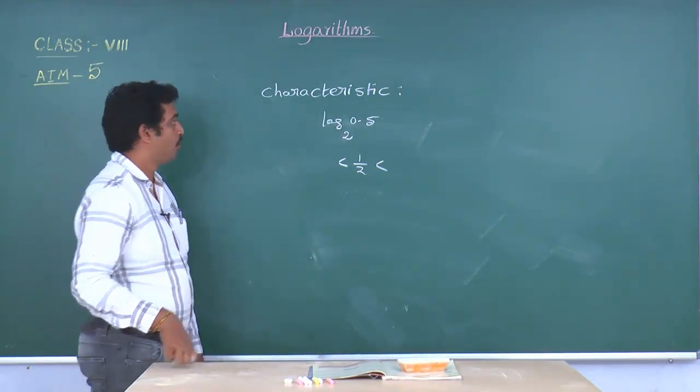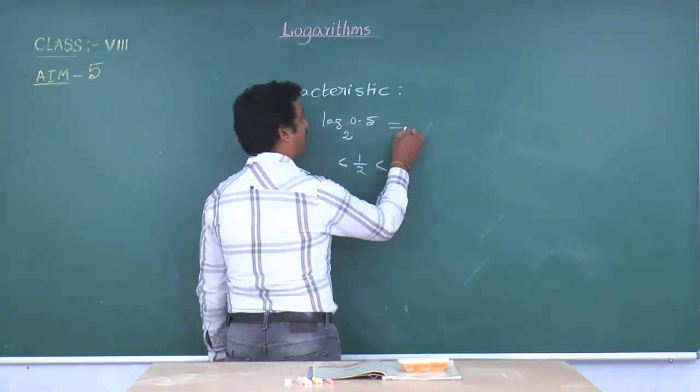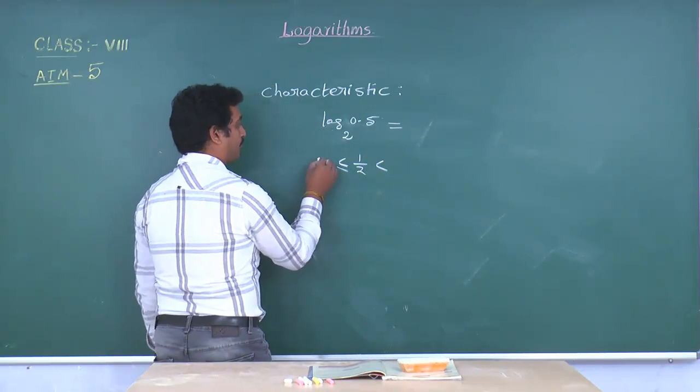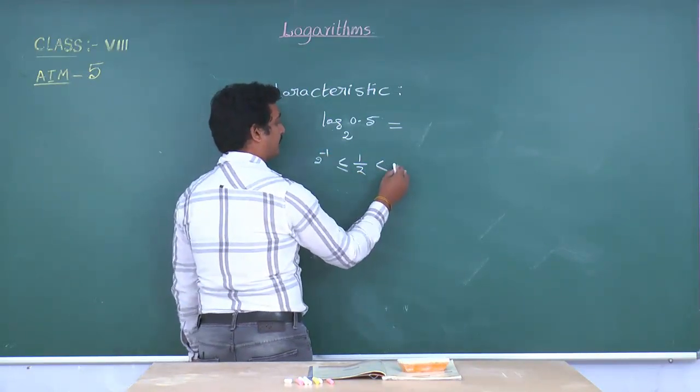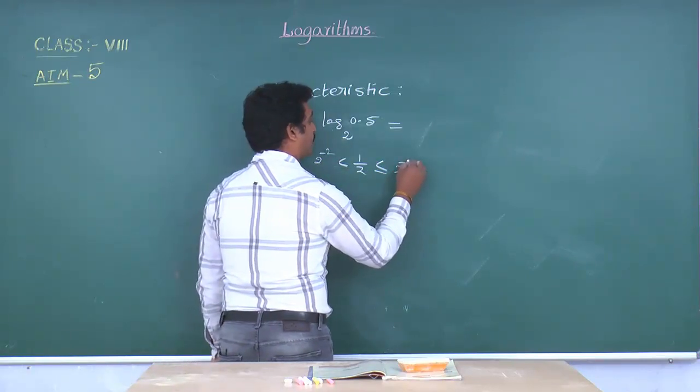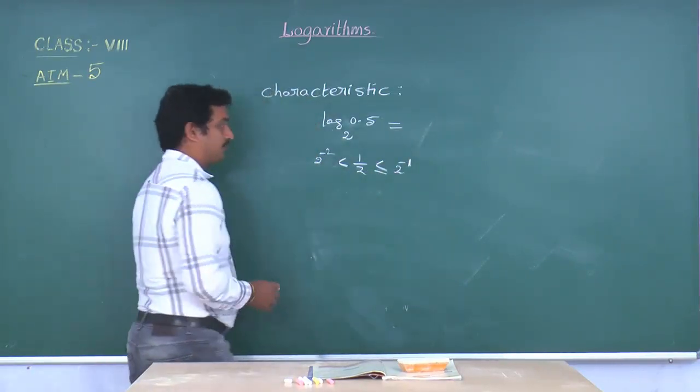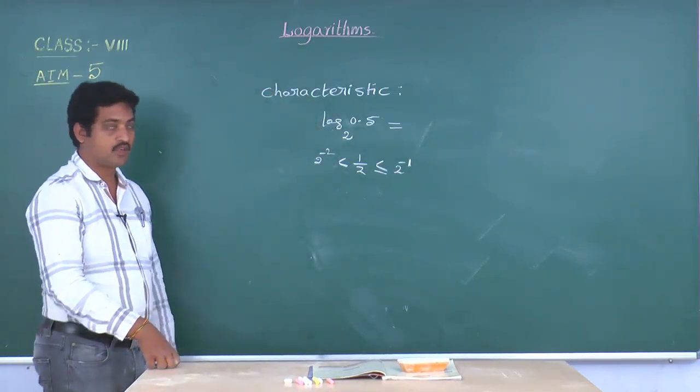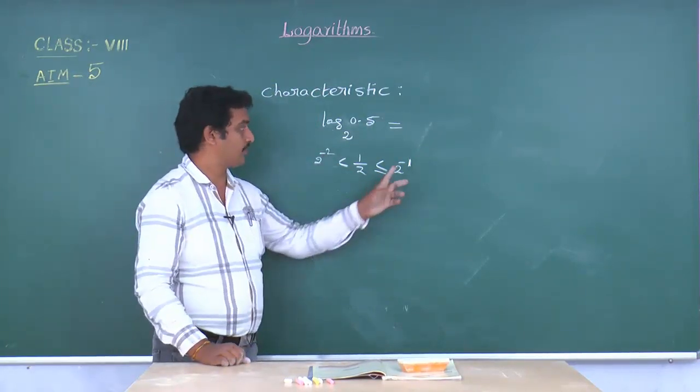What is its value? 2 power minus 2 is less than 1 by 2, which is less than or equal to 2 power minus 1. The two consecutive integers are minus 2 and minus 1.